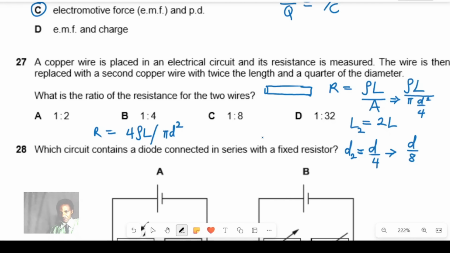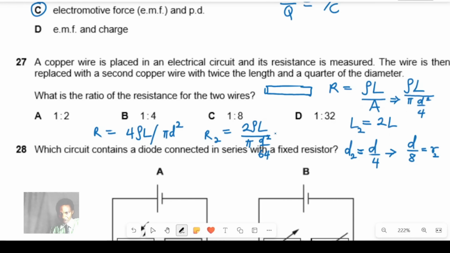R2 is going to be, substituting the length, 2 rho L, because this is 2L, in place of the length. Then in place of the area, we have divided by pi d square over 64.